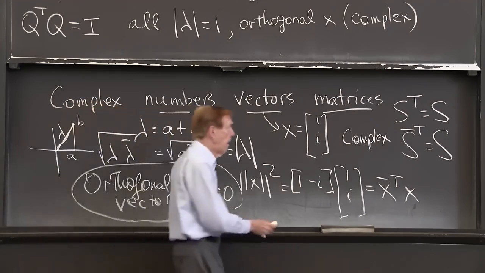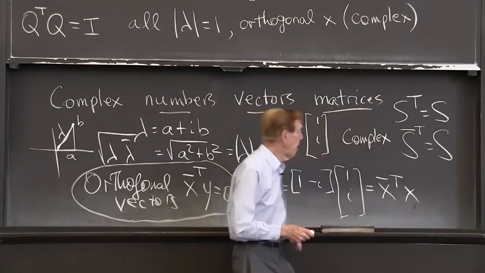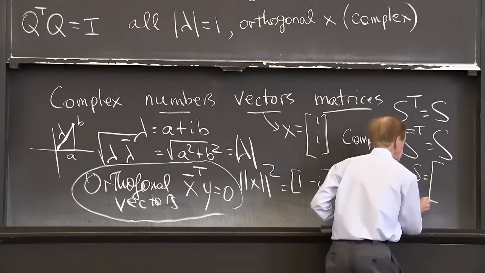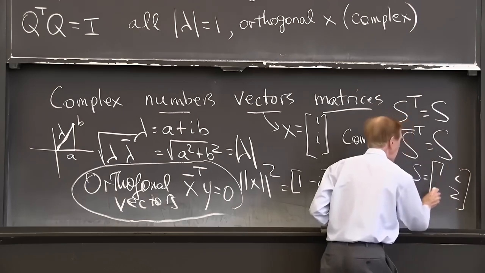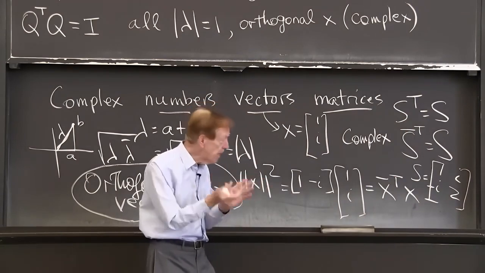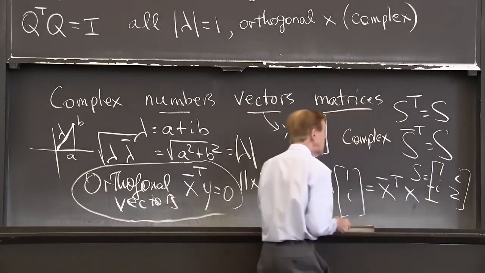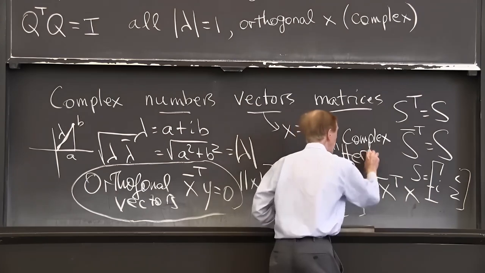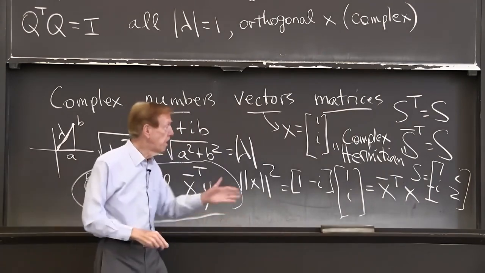In fact, if S was a complex matrix but it had that property, let me give an example. So here's an S, an example of that: 1, 2, i, and minus i. So I have a complex matrix, and if I transpose it and take complex conjugates, that brings me back to S, and this is called a Hermitian matrix, among other possible names.